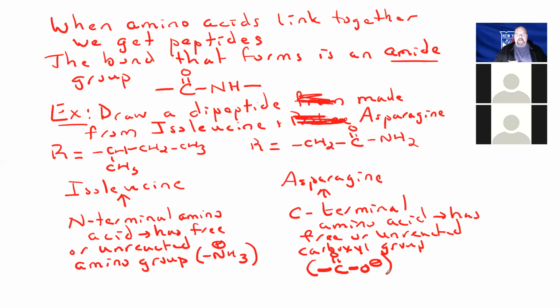And then for the second amino acid, we're going to take off 2 hydrogens from the nitrogen of the amino group attached to the central carbon. So essentially, when you form these amide or peptide bonds, the amino group and the carboxyl group are involved in that. All right.